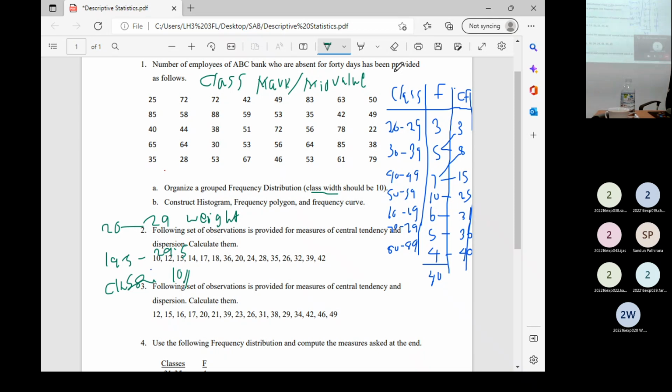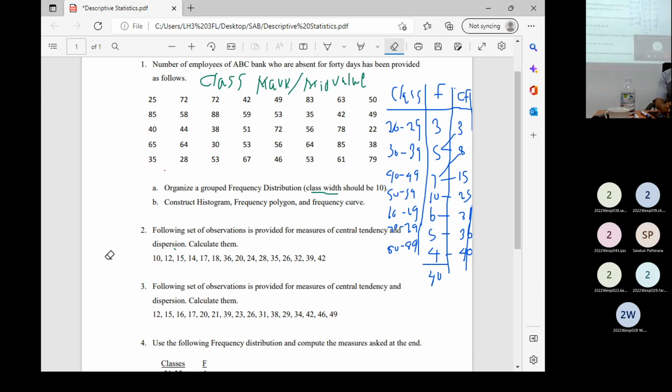Or from the upper limit you can subtract 4.5, 24.5. And if the class width is equal, very quickly you can calculate 24.5, 34.5, 44.5, and so on, if you take that difference. Right, that's the way we calculate class mark.